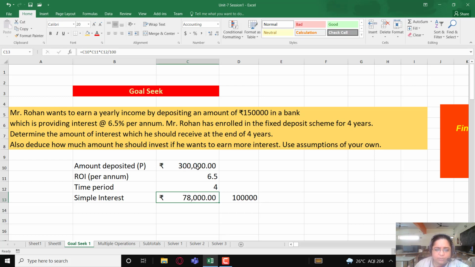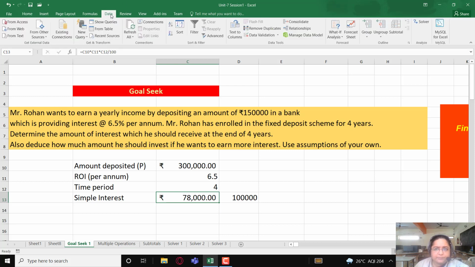So instead of doing that hit and trial, what we can do is we can use a very interesting feature of Excel, that is goal seek, to figure out how much amount of money he should deposit. So we will be selecting this cell, which is our target cell, which contains the formula. We'll go to data and we go to what if analysis and we select goal seek.